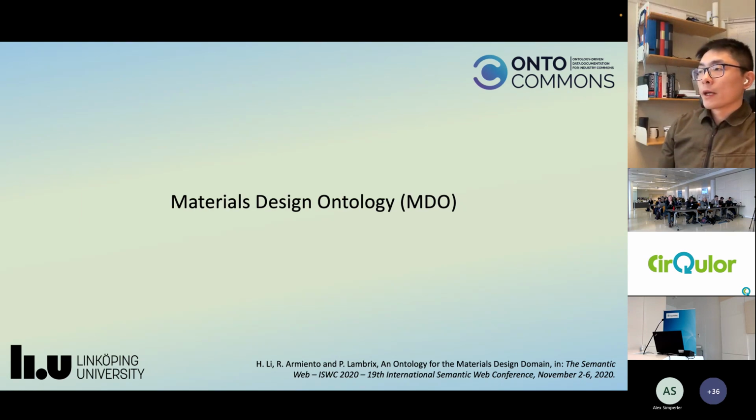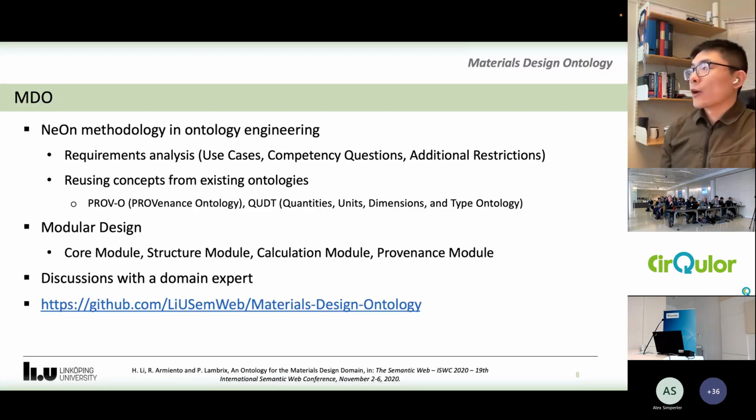So first, we developed the Materials Design Ontology. We followed the NeOn methodology. Basically, we conducted the requirements analysis. For example, we identified the use cases, competency questions, as well as some additional restrictions that we expect the Materials Design Ontology to answer. We reused some concepts from existing ontologies, such as the PROV ontology and the QUDT ontology.